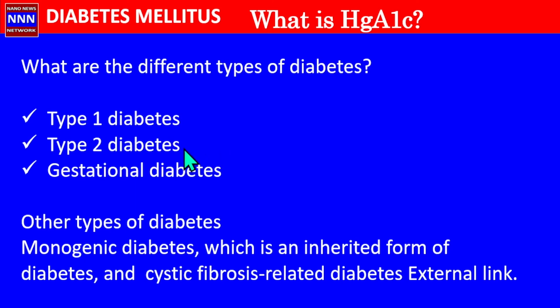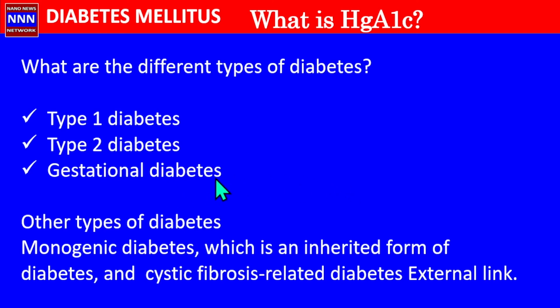And in type 2 diabetes, the body is able to produce insulin, but there may be insulin resistance because of obesity and because of excess calorie intake. And all these things can be controlled with diet, exercise, and weight reduction.